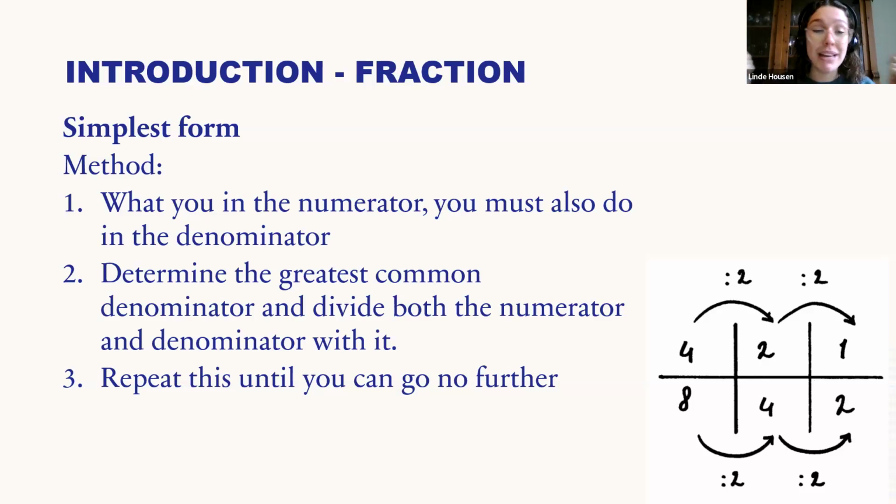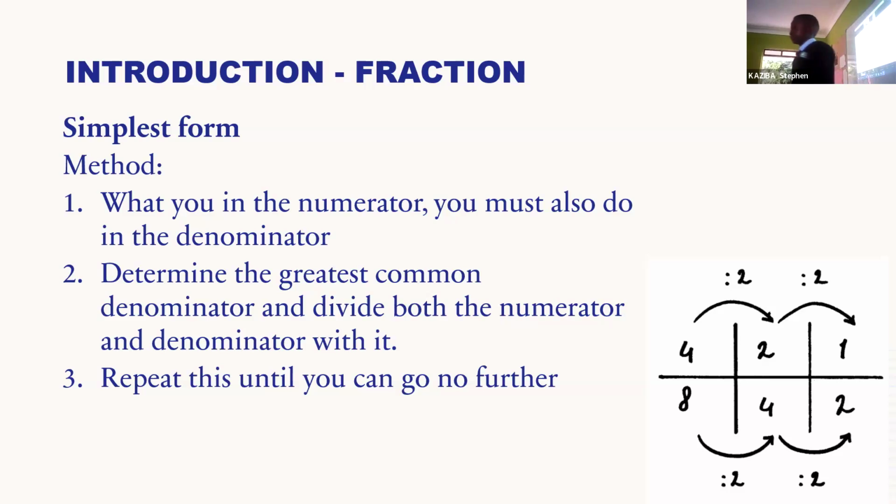But the best trick to do it as fast as possible is to look for the biggest common denominator. For example, 2 is a really small denominator, but if both numbers are divisible by 8, you should pick 8, because then you have to divide by 8, and then you will already have a really small number.